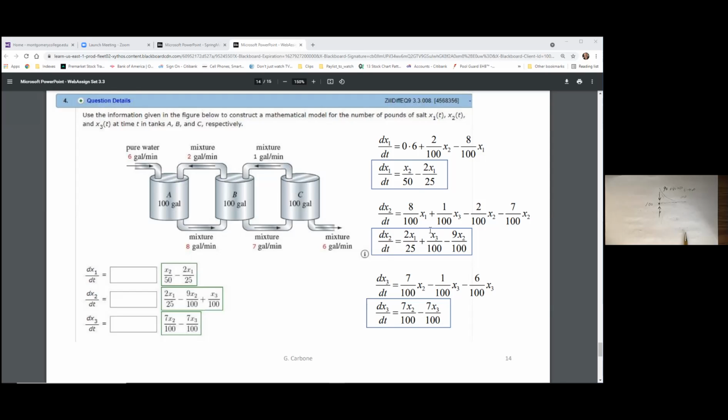All right, so here are the three different equations. This is the system of differential equations that solves this multiple tank problem.